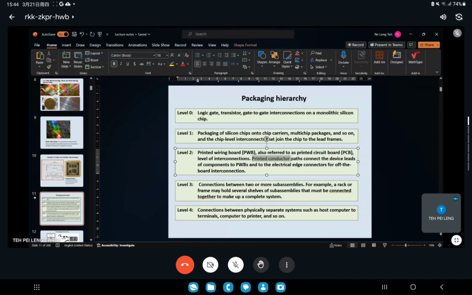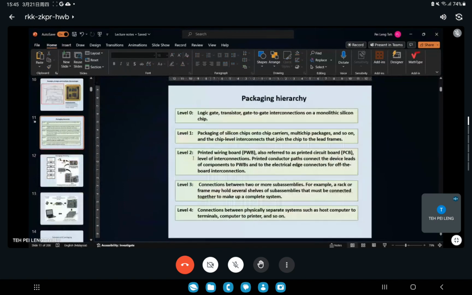Printed conductor paths connect the device leads of components to the PWB. All these components, not only this silicon chip but also transistors and diodes, will be assembled on this motherboard. That process is level 2, ensuring that you have electrical interconnection.